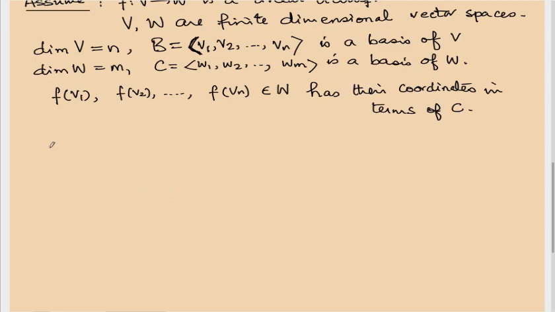So let me say, what do I mean? Suppose the coordinates in C of Fv1 are a11, a12 and so on.